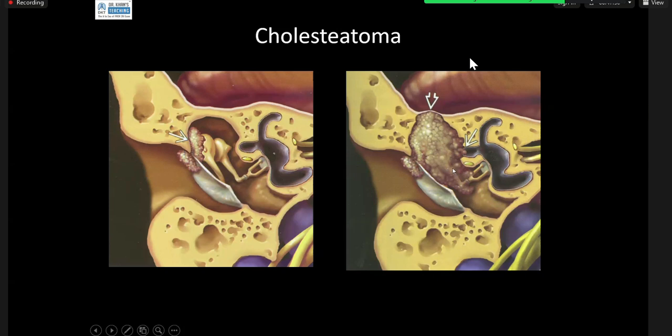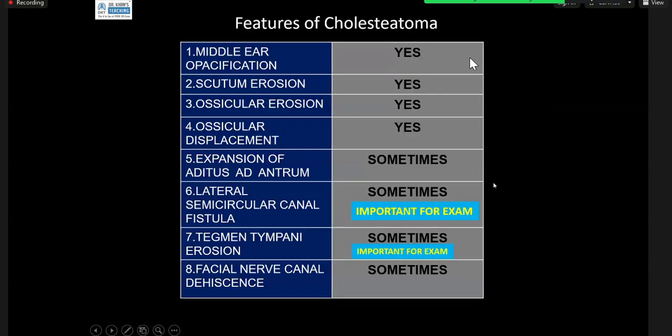On the other hand, look at this cholesteatoma, which is much larger, which has caused erosion of the tegmen tympani. And here there is the lateral semicircular canal, which it has eroded in fistulization, which is an exam scenario. So please remember that you will see middle ear opacification.